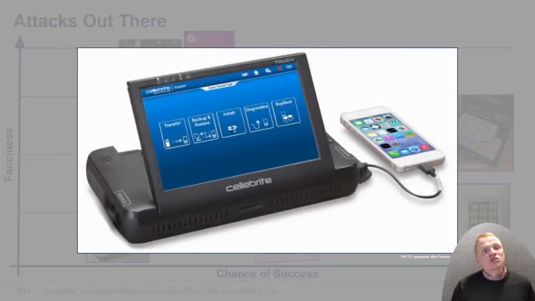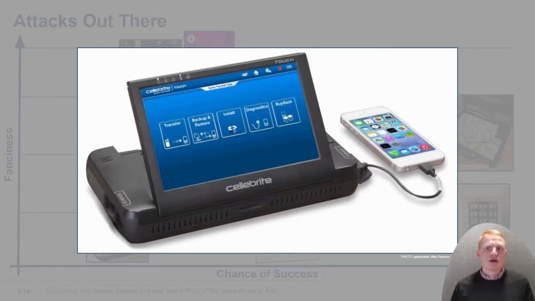Another attack, more specific, however, are tools that are used mostly by law enforcement, so forensic tools that can be used in order to get access to the phone, or also in order to get in possession of the pin which is used. Cellebrite is just one example. There is also software by Elcomsoft or Grayshift.